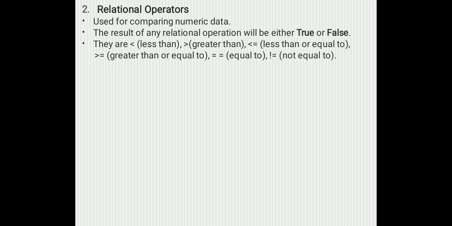The operators are less than, greater than, less than or equal to, greater than or equal to, double equal to, and last, not equal to. Double equal to means the equal symbol that we use usually, and the not equal to symbol is an exclamation symbol followed by the equal to symbol.